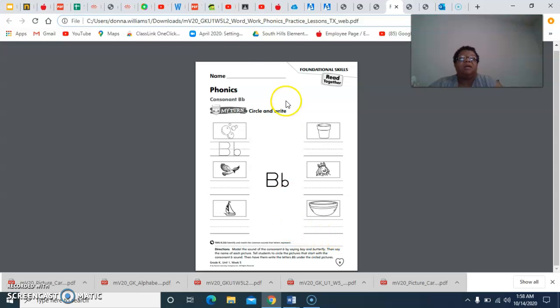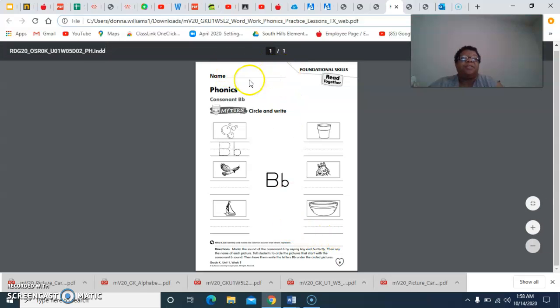Okay. Also, remember to practice writing your name. When you go to first grade, they're going to expect you to be able to write your first name and then also your last name. And I know some of you are already able to write your first and last name even without looking. So start practicing writing your name. If you can't write your name yet, start practicing.